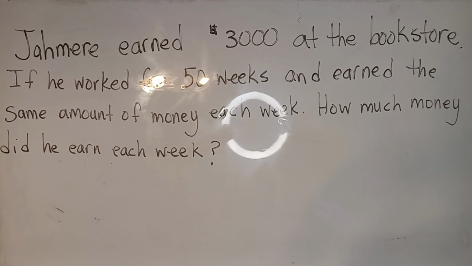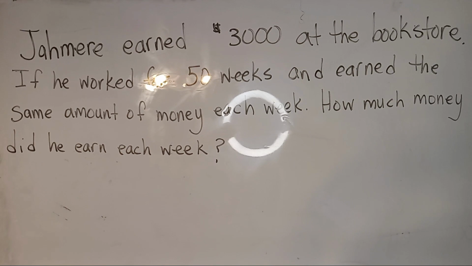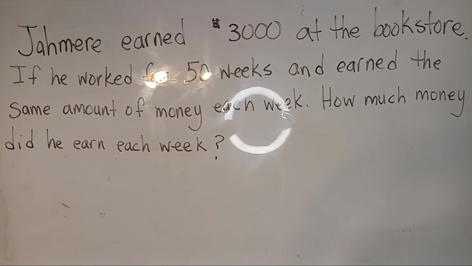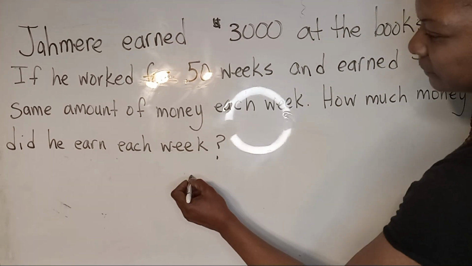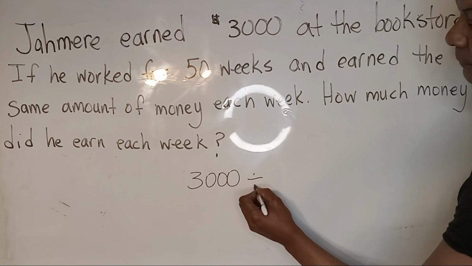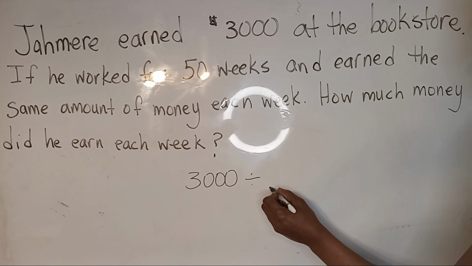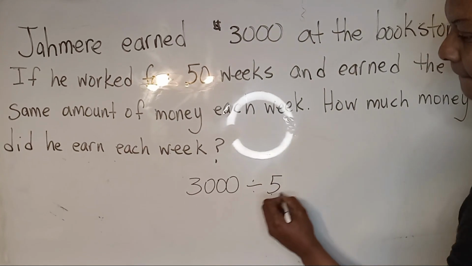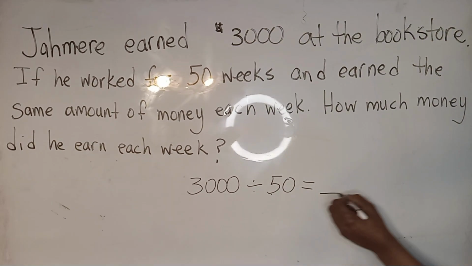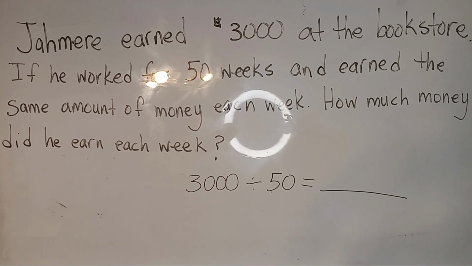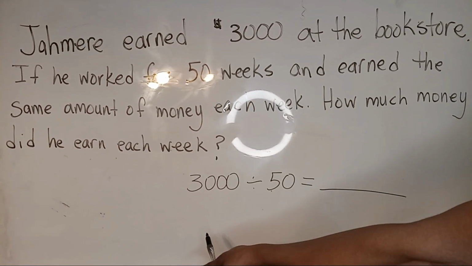So we're going to set up the problem just like we set up the last one. So the amount of money that he had was $3,000. We don't know how much he earned each week. So this is the money that he had earned.